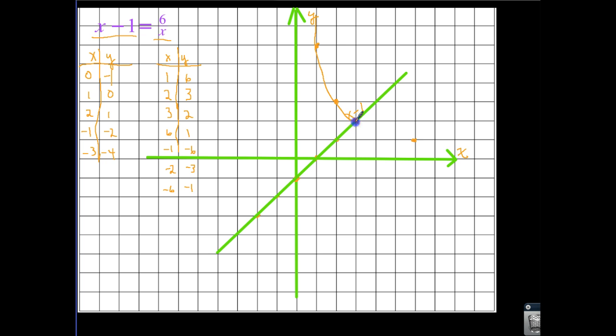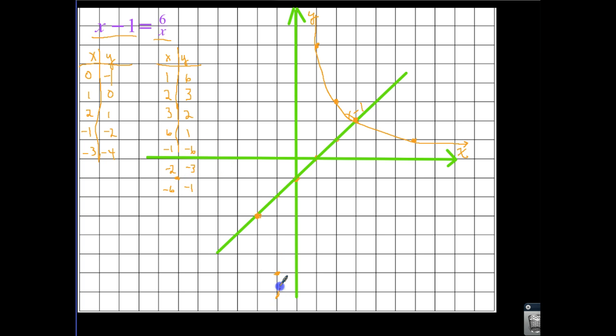Here is our first. And let's do the other one. X is negative 1, right here. Negative 2, right here. Negative 6, right here.